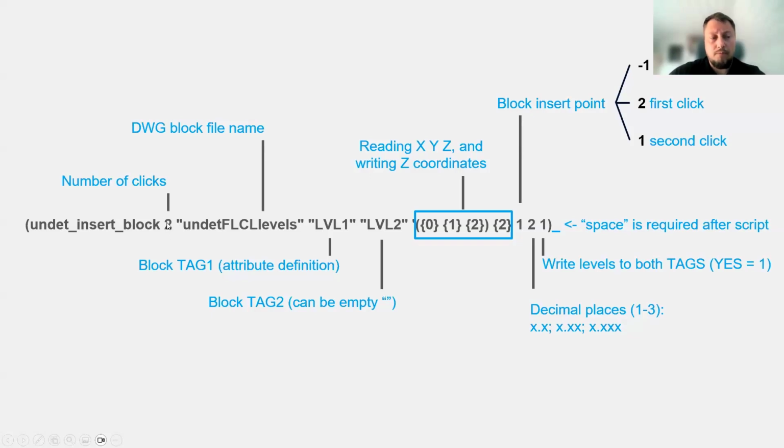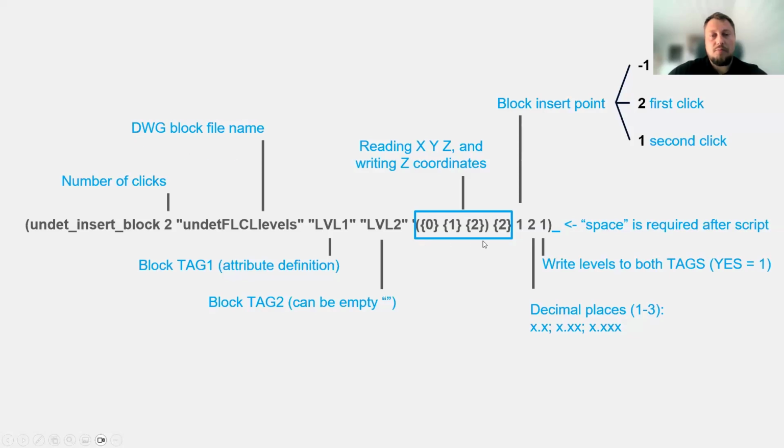So we have 1 click just to place the levels, 2 clicks when we need to show the heights or 2 levels, or we can use 3 clicks to annotate windows to show 2 heights. Okay, and then we have a DVG block file name. I will tell you later on where you can find these DVG files and how to edit. We will see 2 tags, which is in the DVG file.